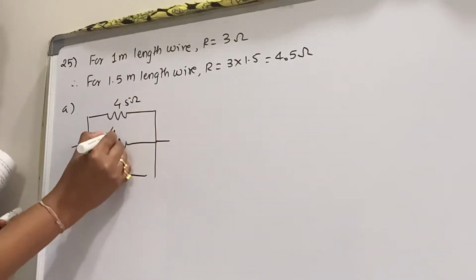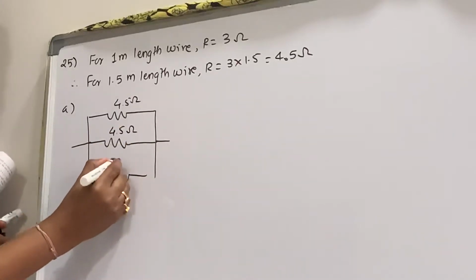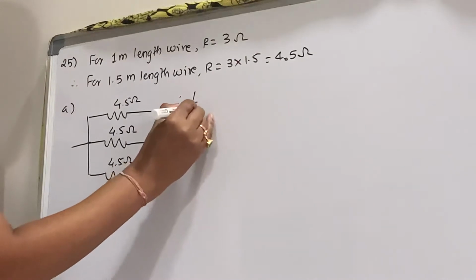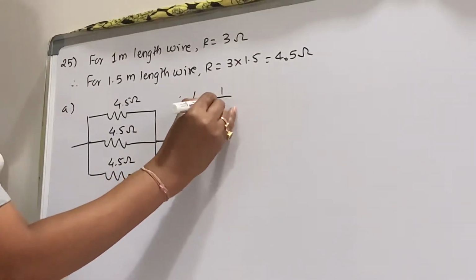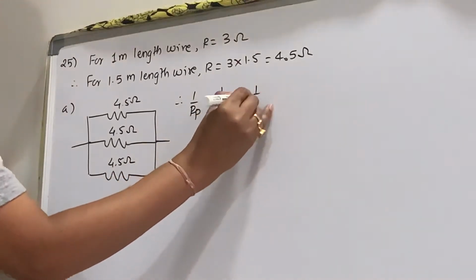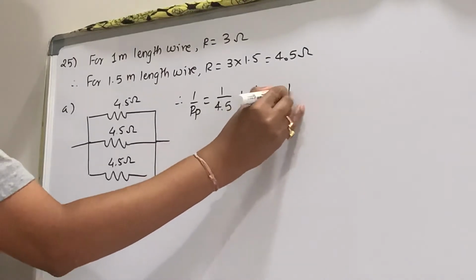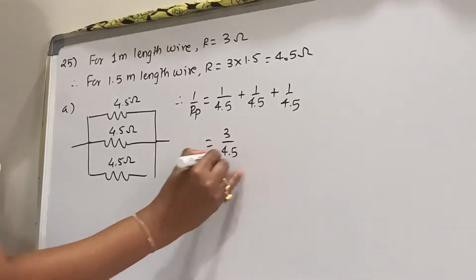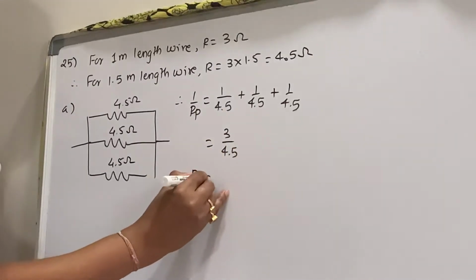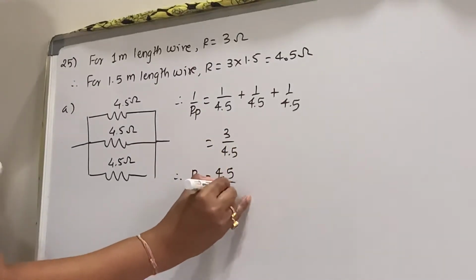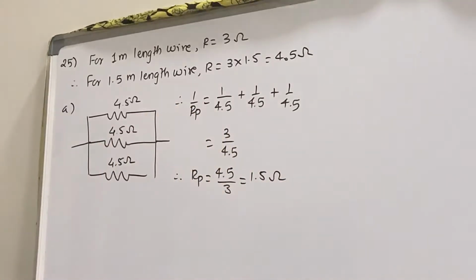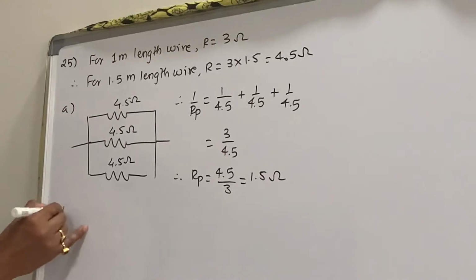So they want the parallel resistance. 1 by Rp is equal to 1 upon 4.5 plus 1 upon 4.5 plus 1 upon 4.5. This comes out to be 3 upon 4.5. So your Rp is equal to 4.5 upon 3, which is 1.5 ohm.